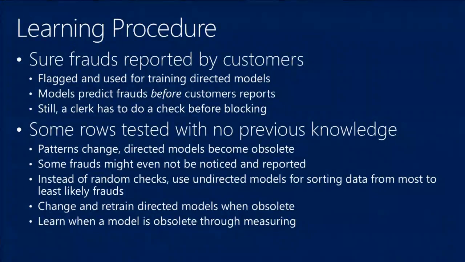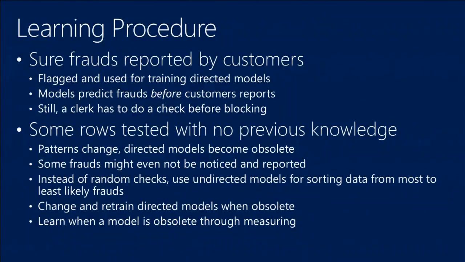At some point, a customer will report fraud, or there will be some built-in limitations. So the first thing to do if you want to start this learning procedure is to mark this in your database. To have at least one column that is a flag, fraud, yes, no. This is the first thing.